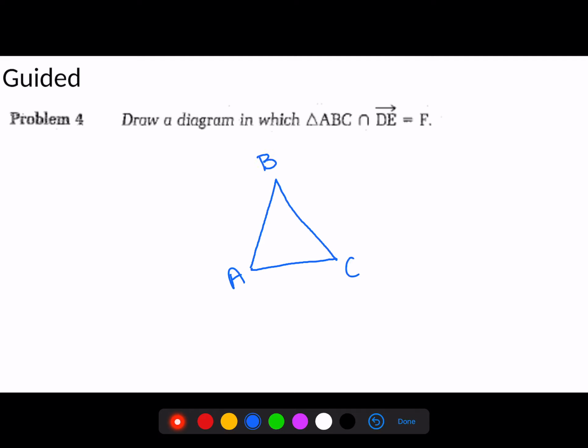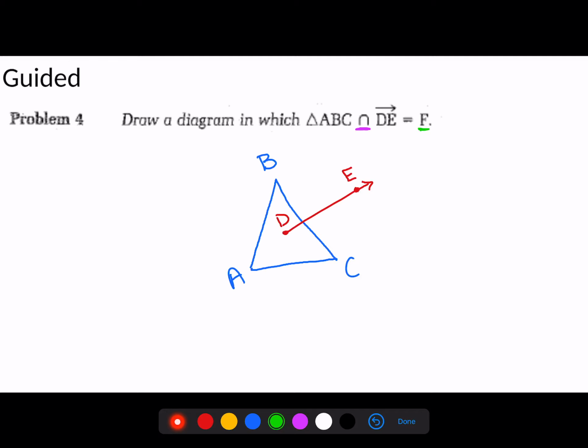All right, so for this one, I'm going to go ahead and start off with triangle ABC. So I have triangle ABC here. And then I have a ray DE. So looking at this, they're going to intersect each other. So they're going to cross each other at some point. And I know that I don't have D or E on my actual triangle so far. I just have A, B, and C. There's no DE. So I'm going to go ahead and draw a ray, DE. So I'm going to start at D on the inside.